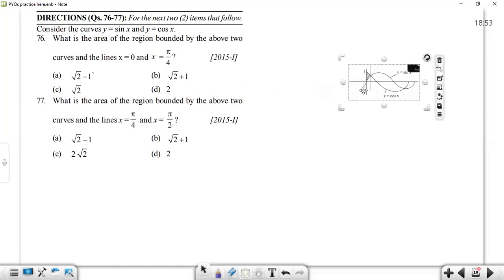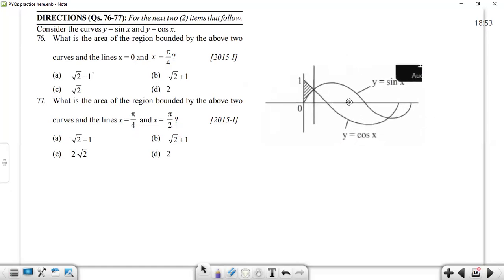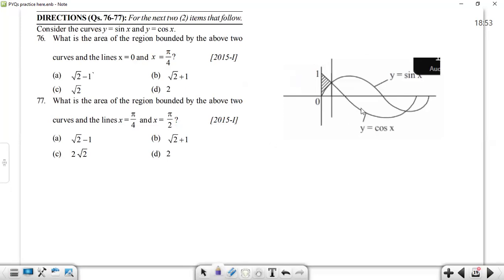So this is x-axis, sorry, y-axis, on which x is equals to 0, and x here is representing radians, okay, angle. So here x is equals to 0.